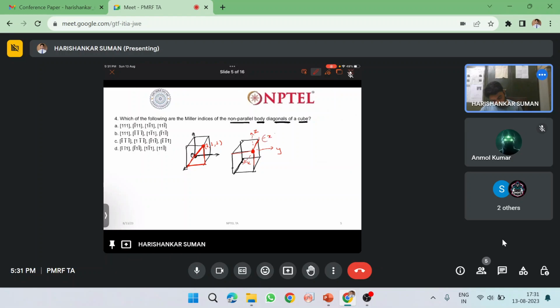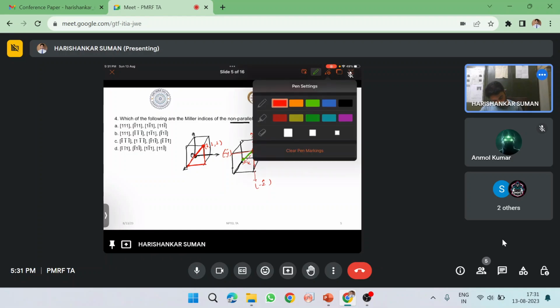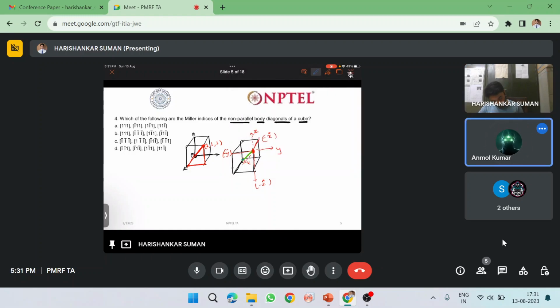This is my minus x-axis, minus y, z. Join this point and this point. What will be the coordinates of this point? 1 bar, 1 bar, 1 bar. So first and first.